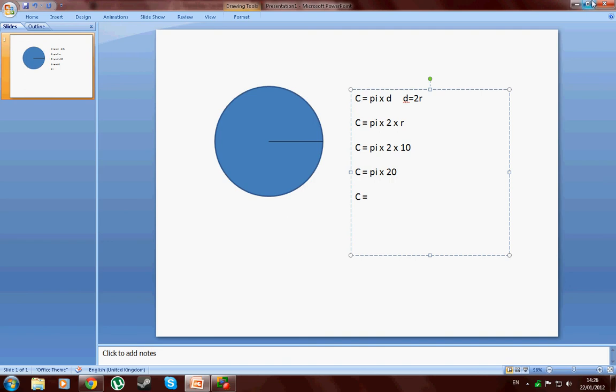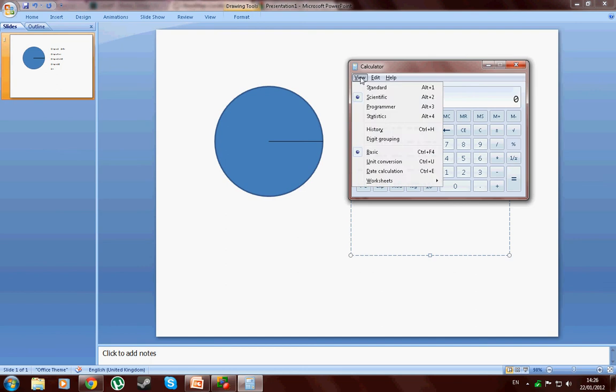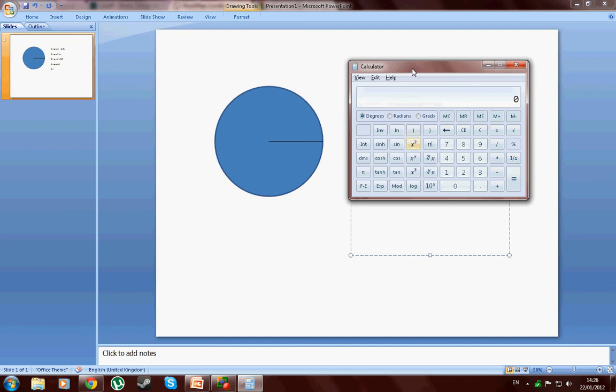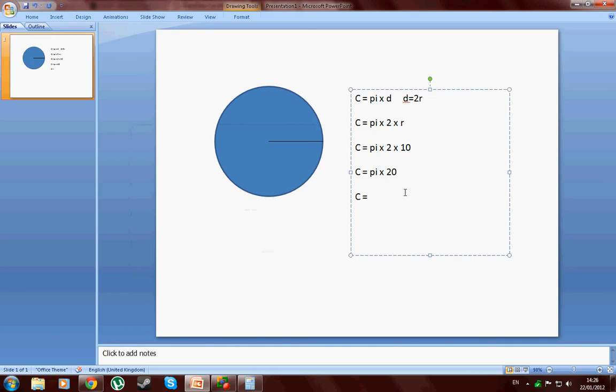If you're at home on the computer, bring up the Windows calculator and go to View, Scientific. So 20 times pi is 62.83 to 2 decimal places. 62.83. Pay attention to units as well.